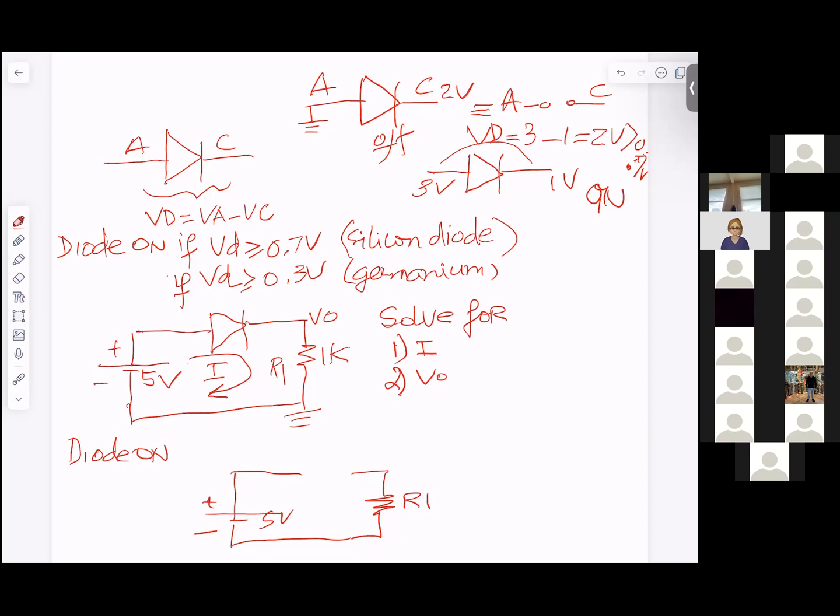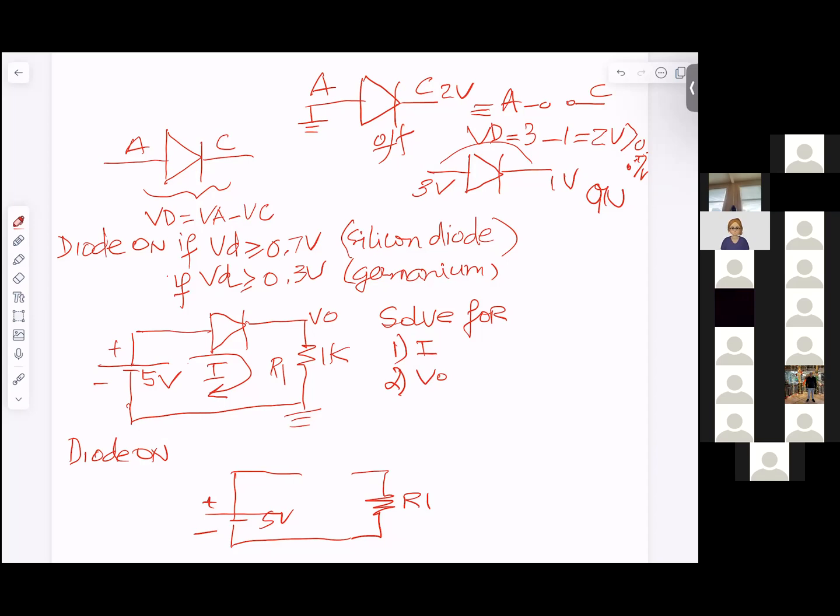You have to substitute the diode by what? The battery. And that battery will be how many volts? 0.7.